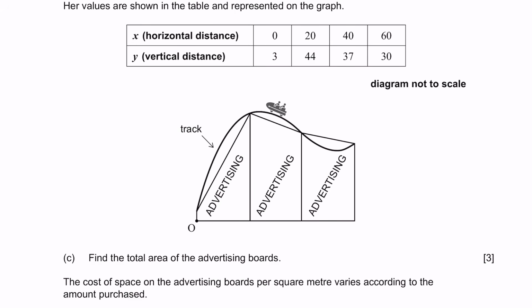But I think more efficiently, and the way they're kind of nudging us in some ways, is to use the trapezoid rule to find the area under a function. So that's exactly what the trapezoid rule does. It creates a set of trapezoids that can be used to approximate the total area under a curve. So let's go into the formula booklet, look at the trapezoid rule, unpack it, and then see how we can apply it for this question.